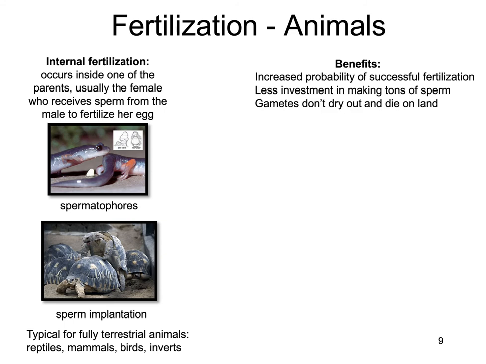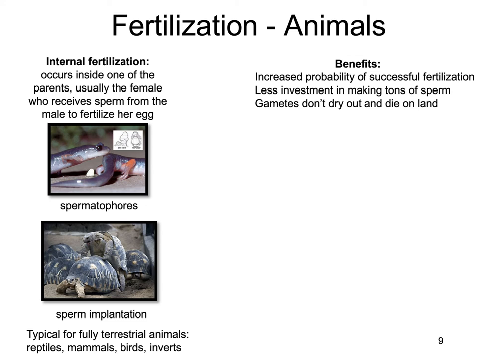Now, the benefit of having internal fertilization is, of course, an increased probability of successful fertilization. If you have the sperm implanted directly into the female, they have much better odds of the sperm finding the eggs and fertilizing those eggs. And there's less investment in making tons of sperm, way less sperm needs to be made than we see in some of the externally fertilizing species.